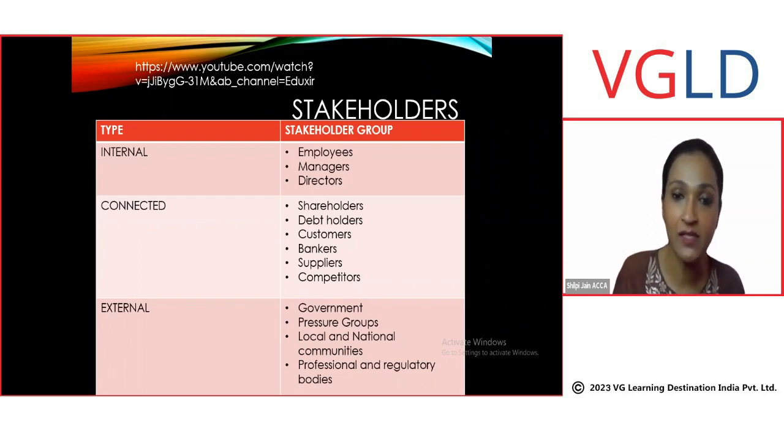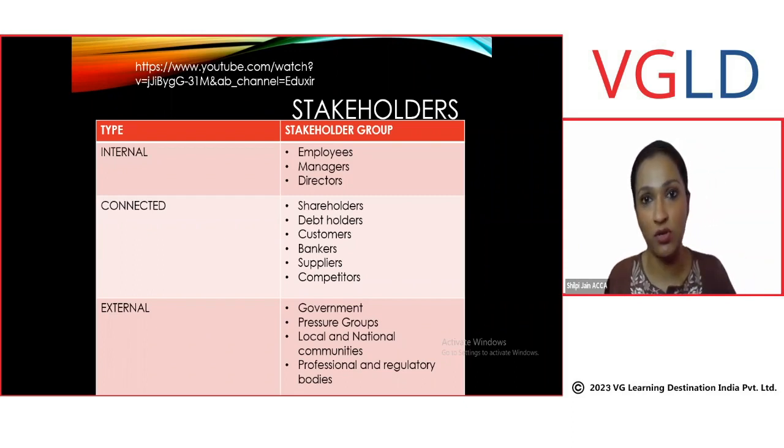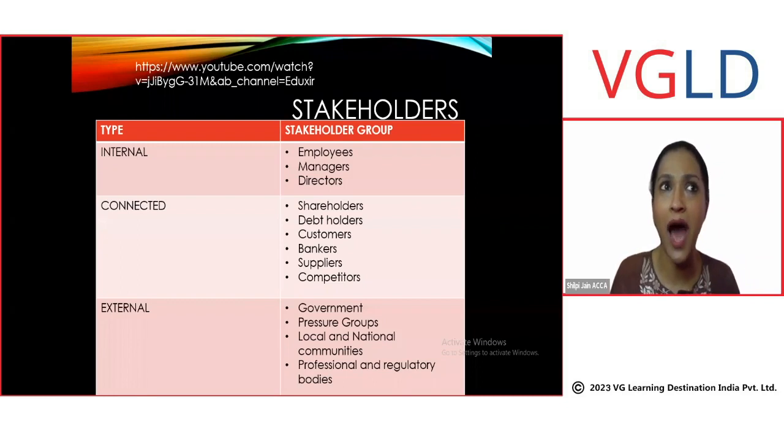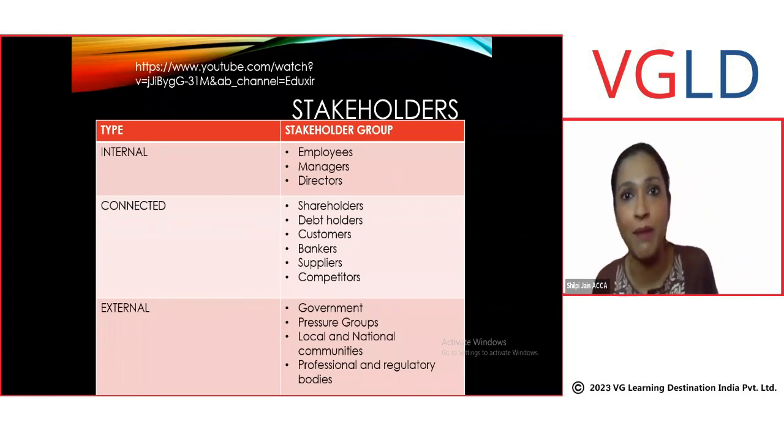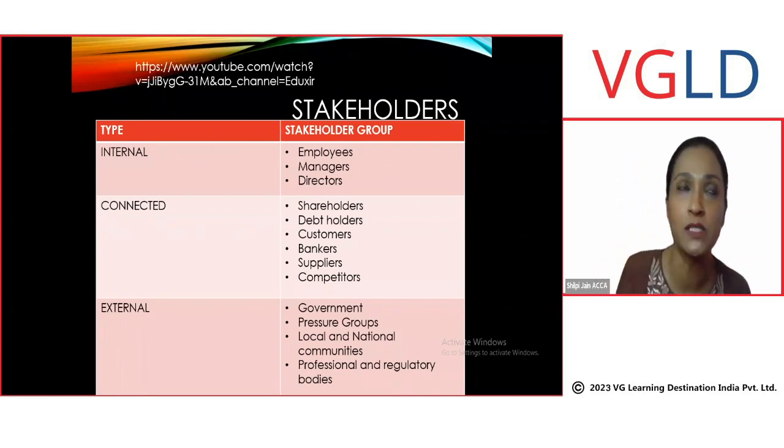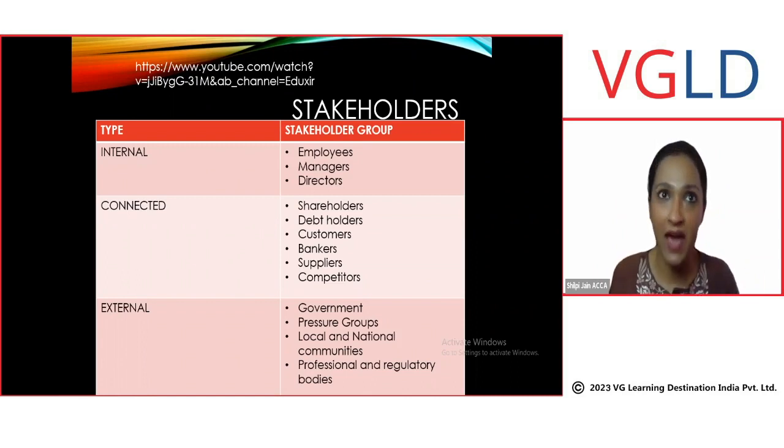And then there are some external stakeholders to the organization who are not very directly impacted by what you do and how you do your business, but who get impacted by the organization as long as you're complying to their rules and their regulations and their do's and don'ts. They are fine. Otherwise, they are high pressure groups.